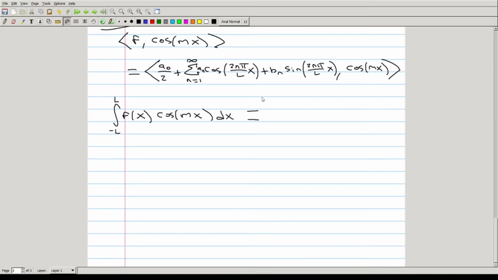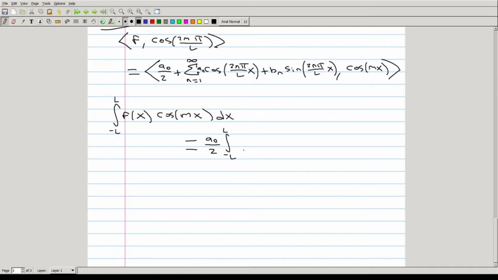And in terms of the integral, this is the same thing as looking at, well, a naught is a constant, so this becomes the integral of a naught over 2 times the integral from negative L to L of, oh, sorry, not cosine of mx, but cosine of 2m pi over L x.